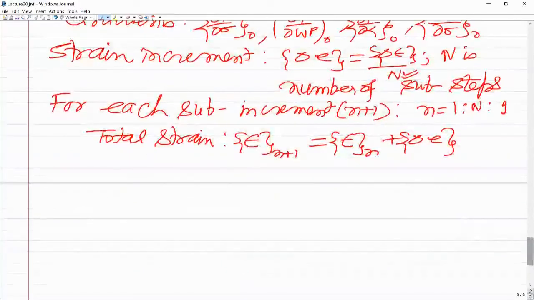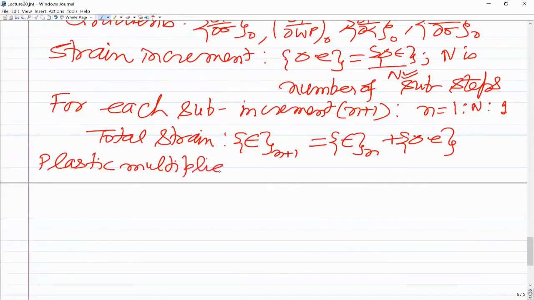Then you calculate the plastic multiplier, that is lambda or delta epsilon equivalent. Let us call that lambda. This lambda you will calculate based on the previous information.